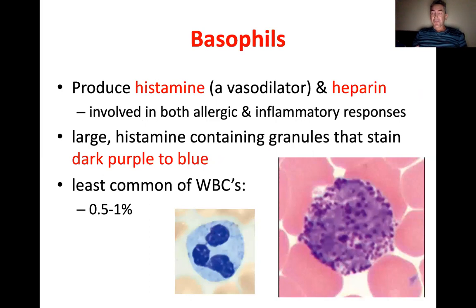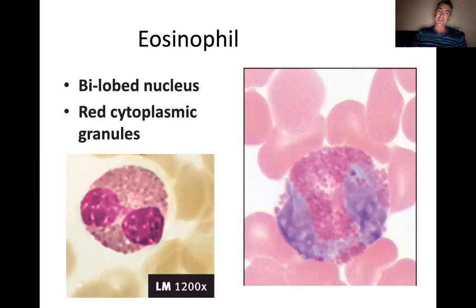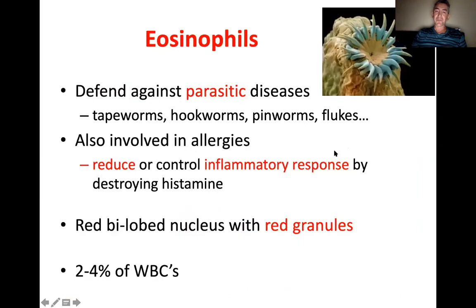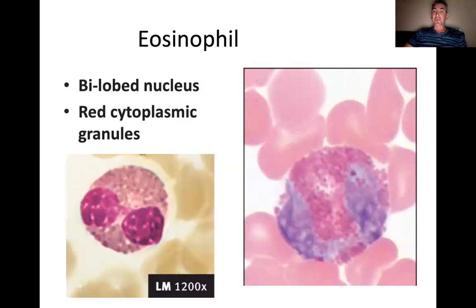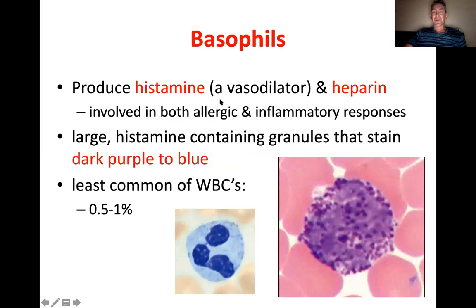All right, basophils. So basophils are going to be kind of the opposite of eosinophils. Eosinophils try to dampen, control the immune response, or I should say the allergic response, inflammatory response. Basophils are going to sort of enhance, exaggerate the inflammatory response.